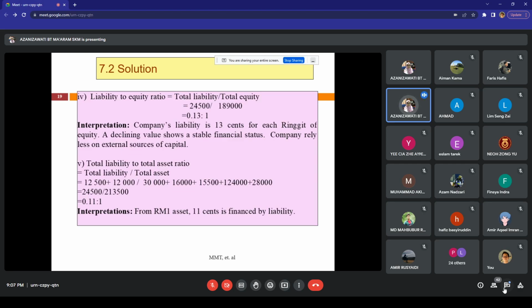So you get 0.13. So the company's liability is 13 cents for each ringgit of equity. So a declining value shows a stable financial status. So the company relies less on external sources. Okay. So when you see the liability is low, that is the best.